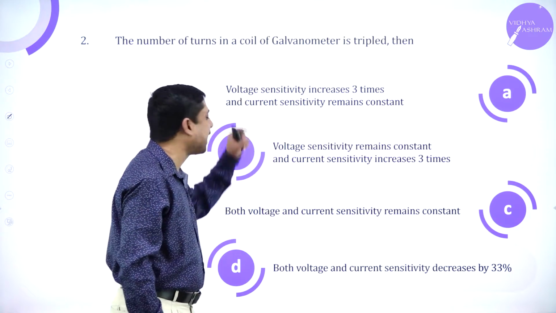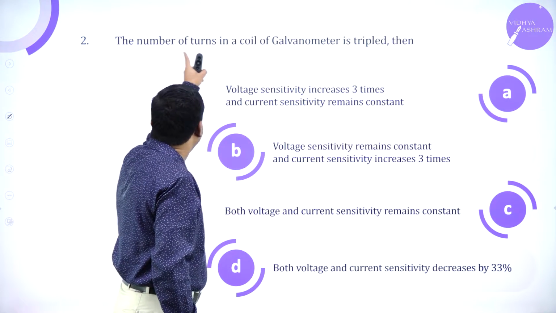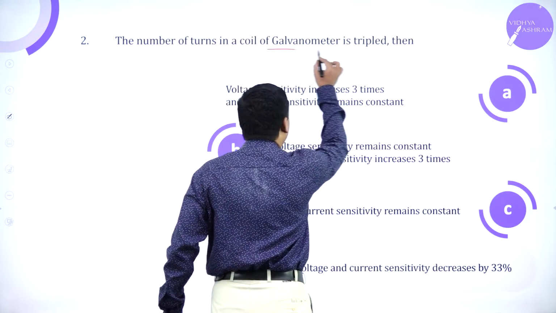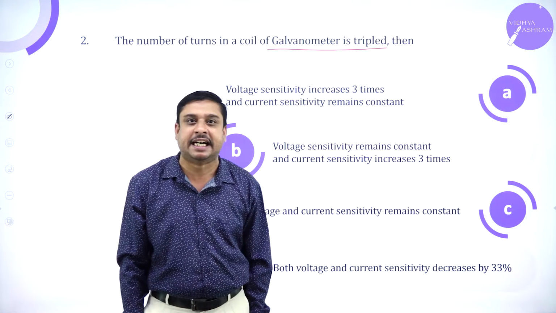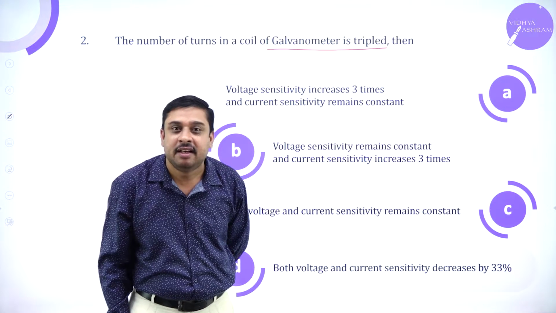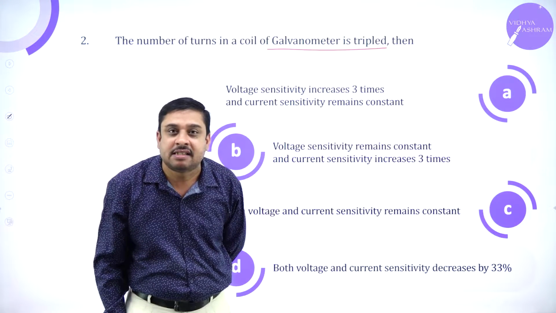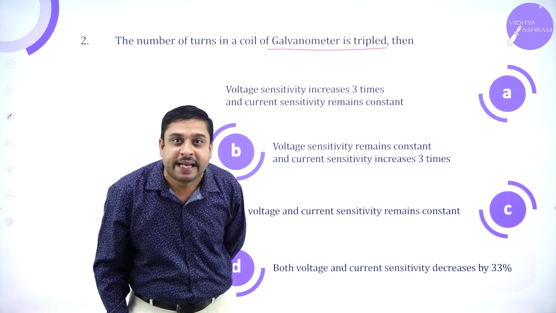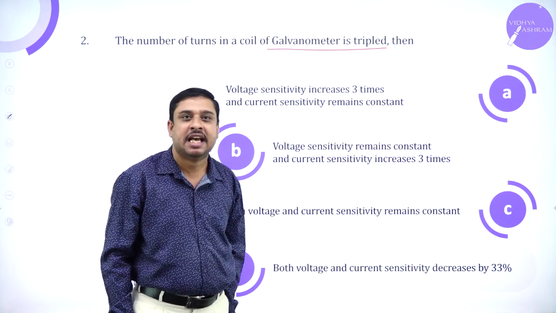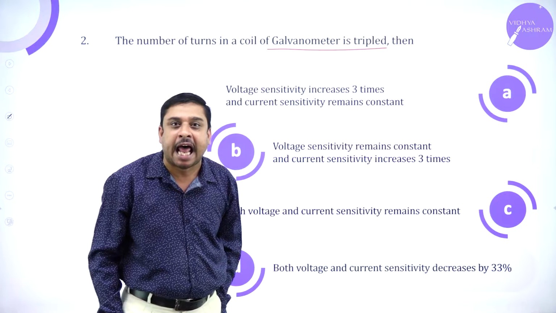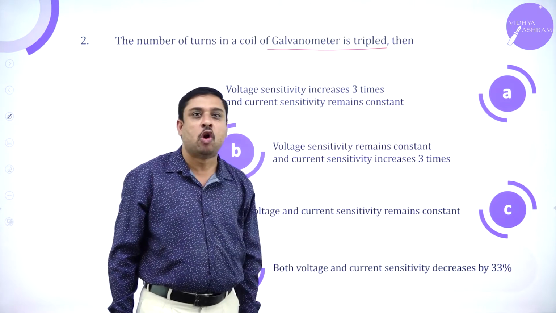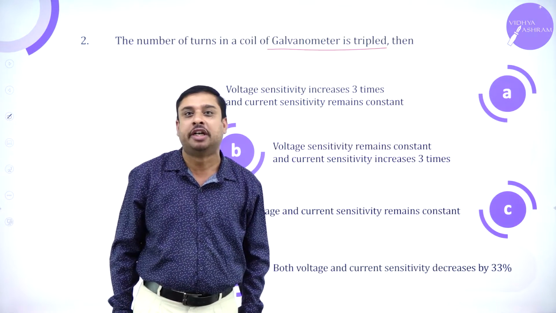Now, the second question. The number of turns in the coil of a galvanometer is tripled. We are increasing the number of turns of a galvanometer by 3 times. Then which of the following assertions hold good?